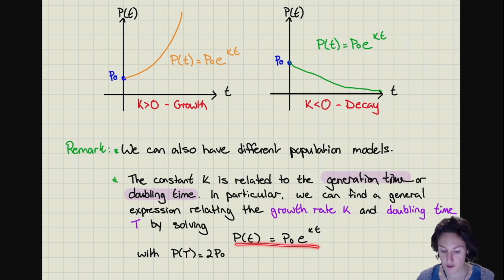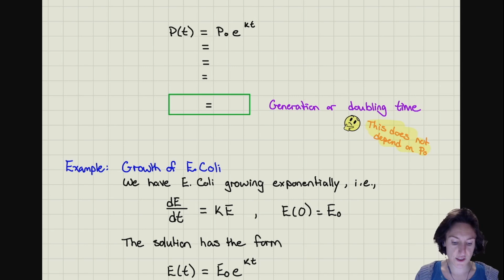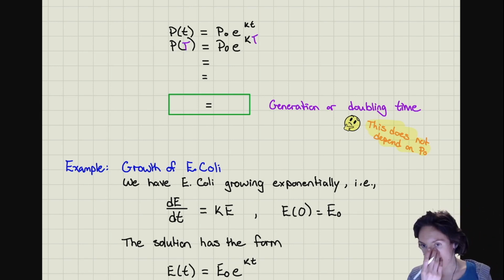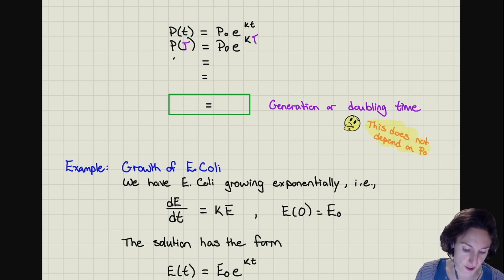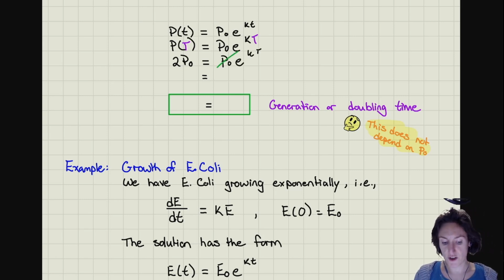Okay, so say we have this solution, and now I want to consider at a particular time, the doubling time, we get 2 times our population. So let's consider P naught e to the k, but we'll put capital T. So we're looking at our population at time capital T, and I'm telling you that this is going to double that initial population. So P naught e to the kT equals 2 P naught. Well, P naught is a non-zero value, so I can cancel them out.